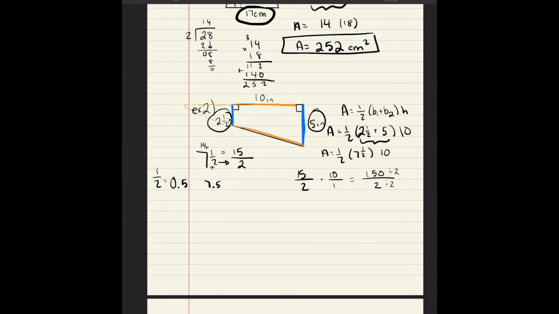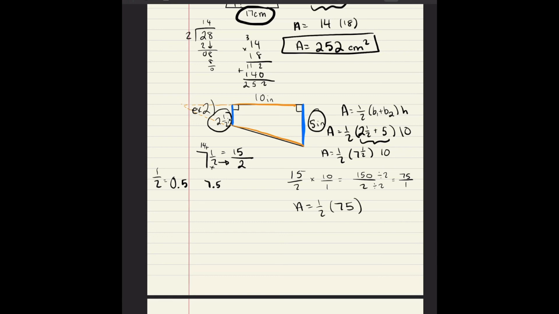150 divided by 2 is 75 over 1. So I'm going to rewrite my whole problem. I have area equals 1/2 times 75. Now I have 1/2 times 75.